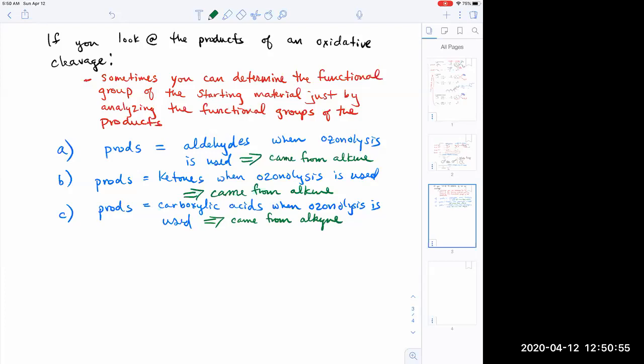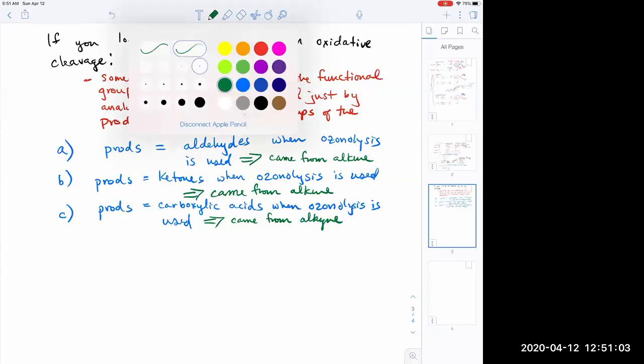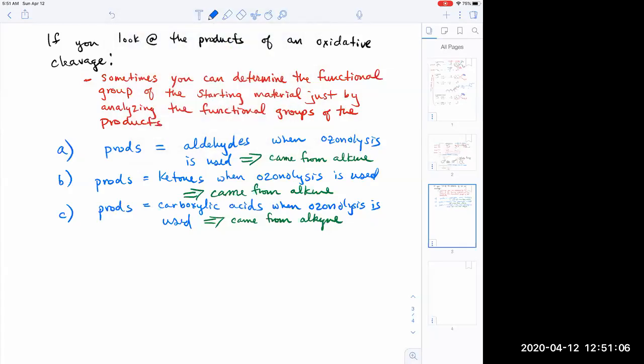Okay, but what about if you did a permanganate oxidation instead of an ozonolysis? Well, sometimes you can still tell what your starting material was. It just depends on the situation.